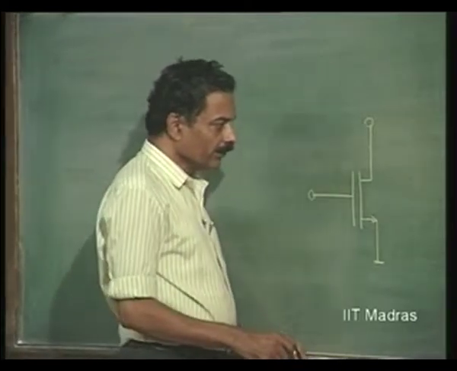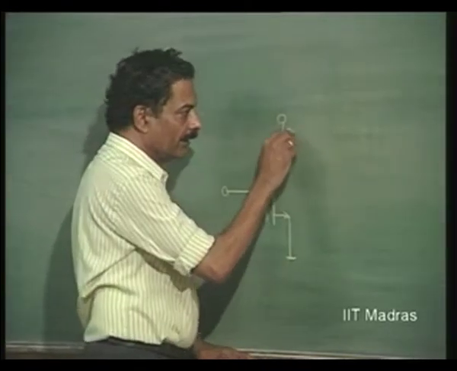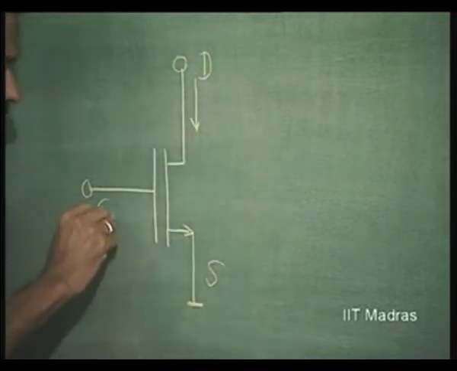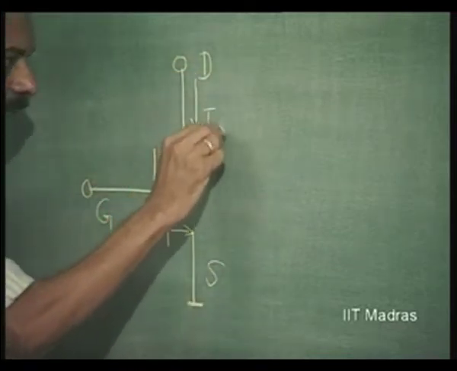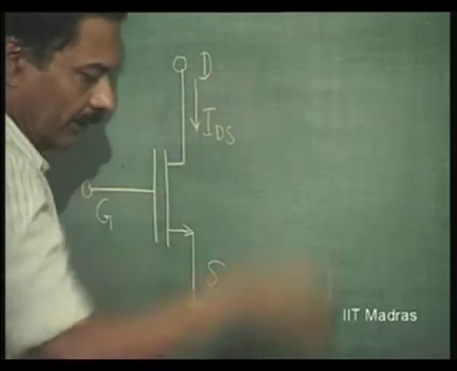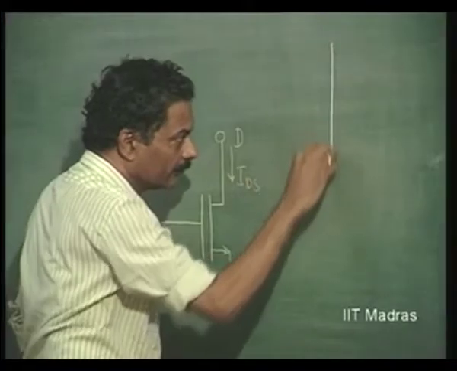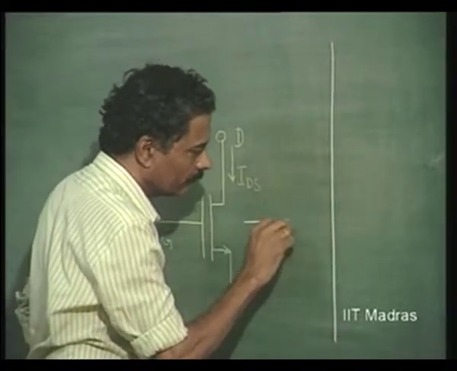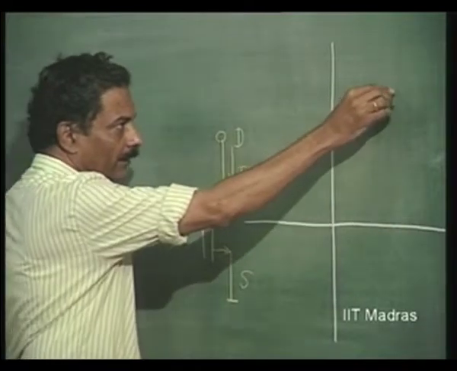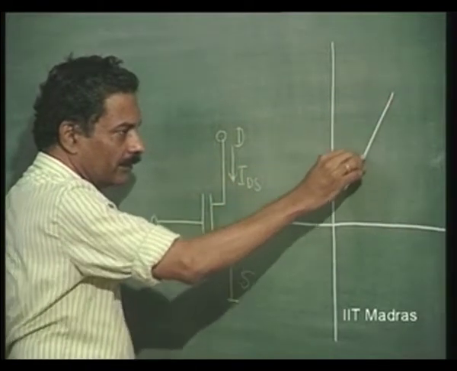Now, we know that IDS, this is the drain, this is the source, and this is the gate. The IDS versus VDS, if you plot, it is going to be linear.